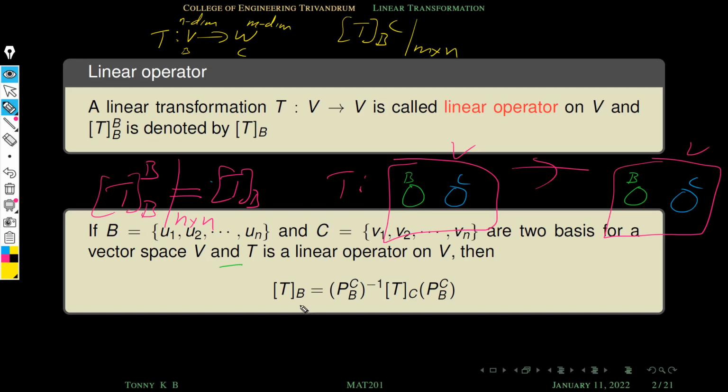So if two matrices represent the same linear transformation, then there is a relation like this. Now there is a converse question. Suppose two n by n matrices G and H satisfy a relation like this, that is G equal to P inverse H P for some P. Then the natural question is: do G and H represent the same linear transformation?